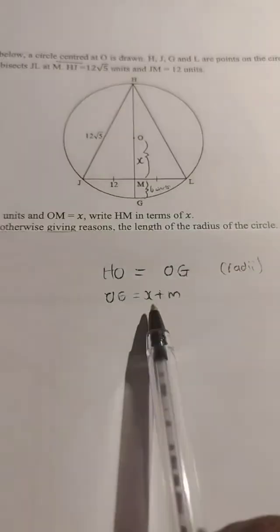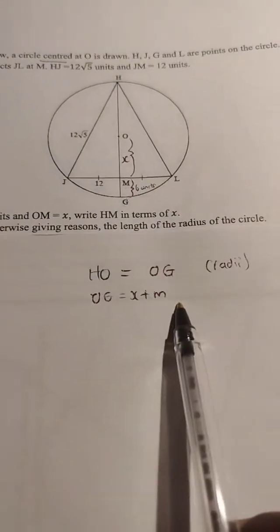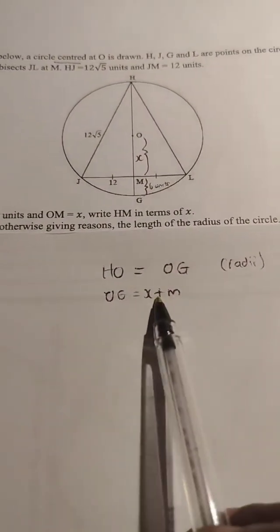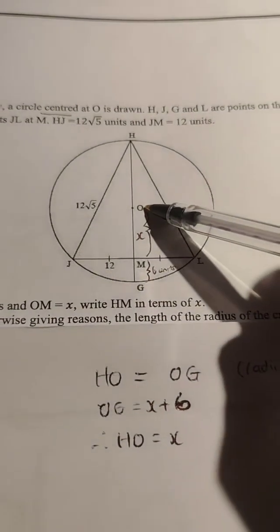We already know that OG is equal to X plus M. That's what OG is. Therefore, HO is also then equal to X. No, OG is equal to X plus 6, not X plus M. X plus 6.